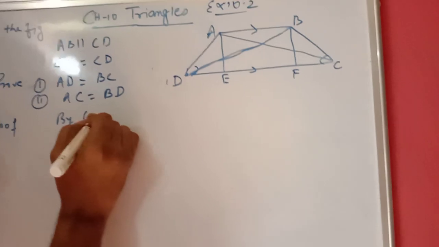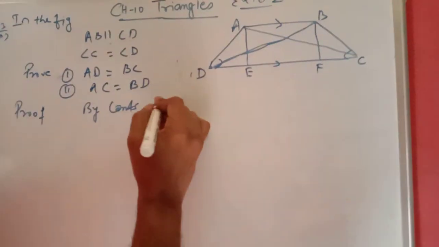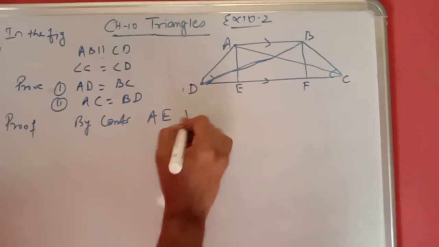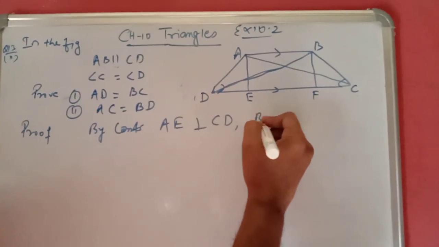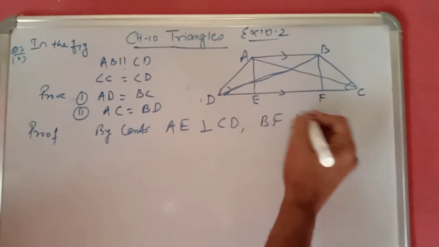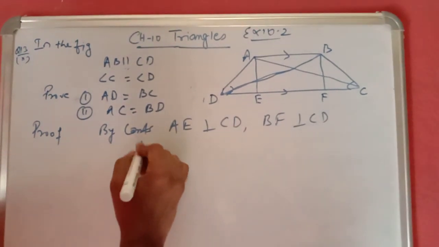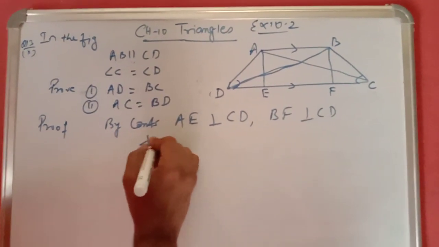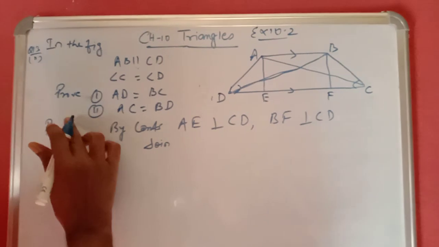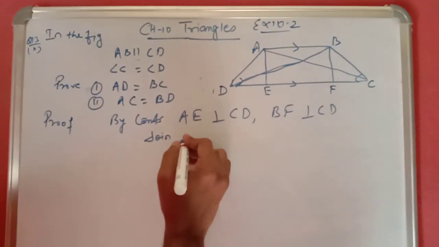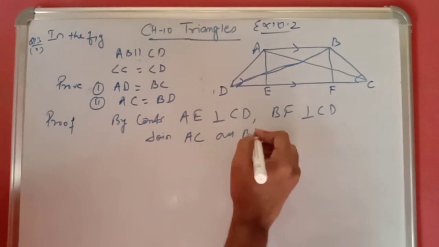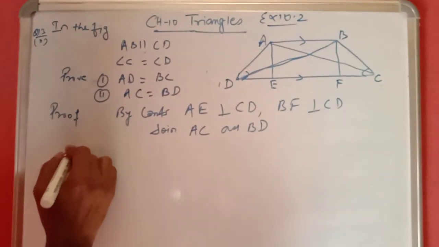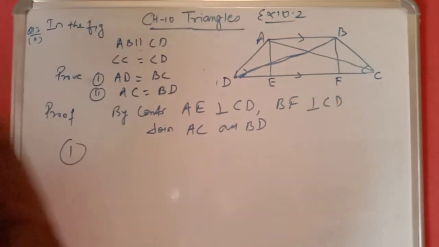Proof: by construction, AE perpendicular to CD and BF perpendicular to CD, join AC and BD. Number 1. Proving number 1.